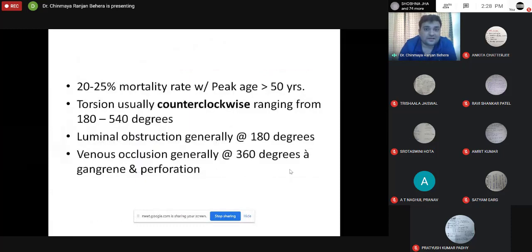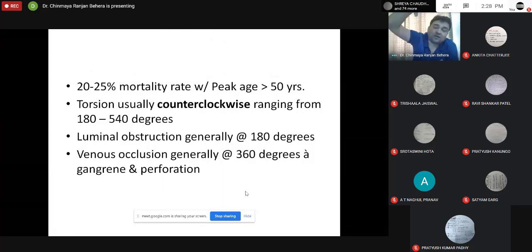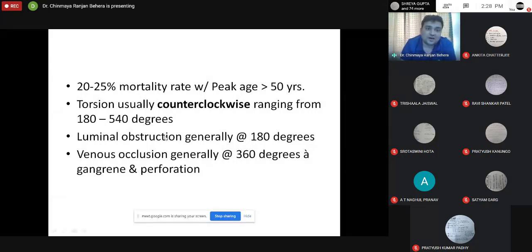When there is a counterclockwise rotation, it can rotate up to 180 degrees or up to 540 degrees. When it rotates up to 180 degrees, you will see only a luminal obstruction without gangrene. When it rotates more than 360 degrees, there is venous occlusion, gangrene and perforation.